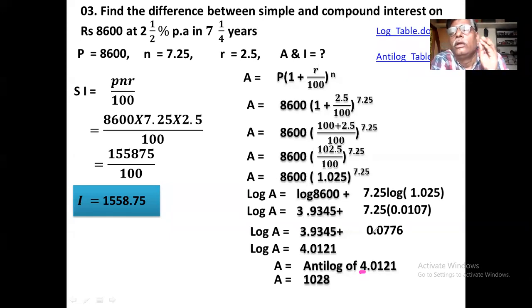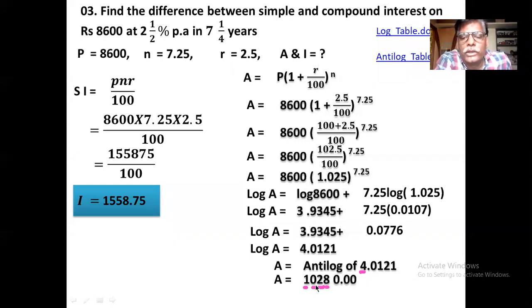4 is the characteristic. Then you have to make a 5-digit number. This is 1, this is 2, this is 3, and this is 4. 4 are completed, so you have to make the 5-digit number. 5-digit number means you put 1 0 here and give the decimal point. Remember this.